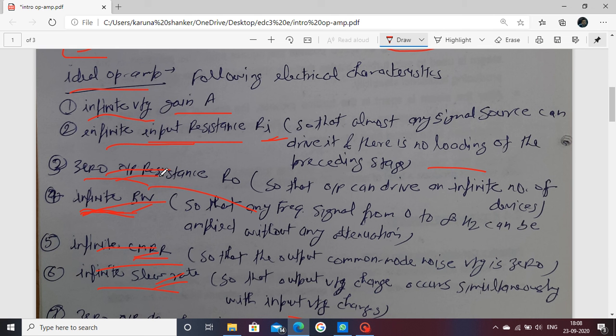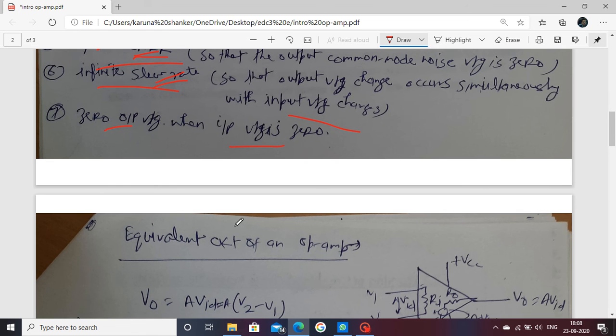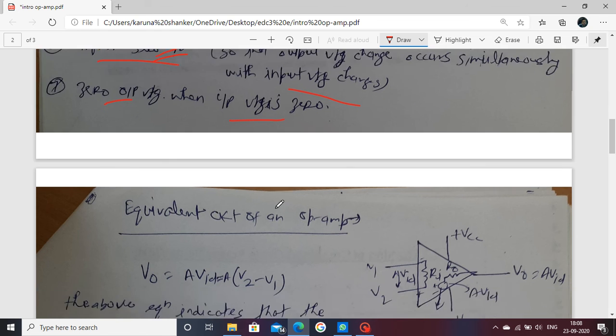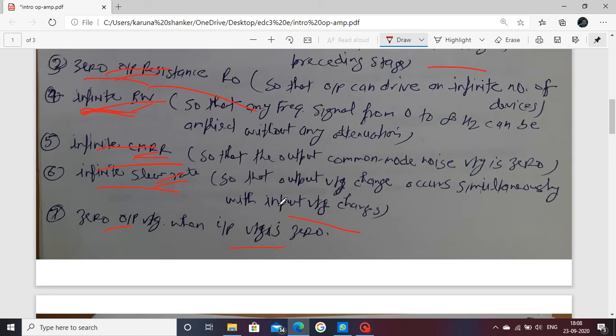Only output resistance is zero. If anyone asks what the voltage gain of an ideal op-amp is, infinite. What is the input resistance, infinite. So you can easily remember it in your study. Okay, these are the ideal properties of an op-amp.